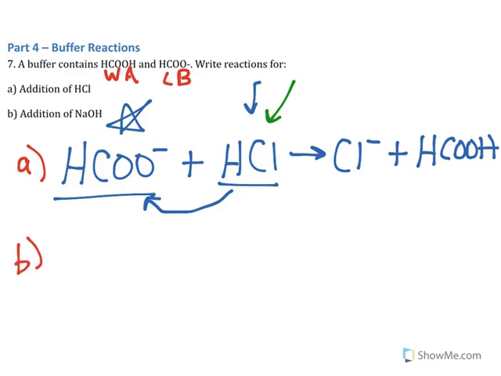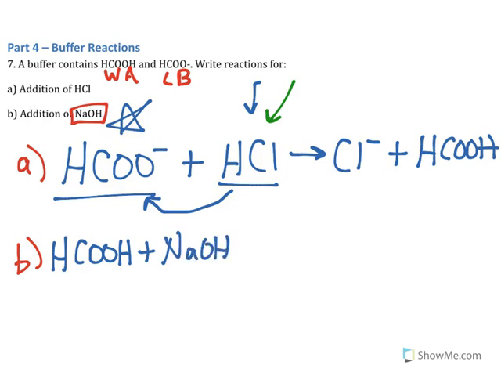For part B, I have the addition of a strong base, so that means I need the acidic component to react with it. HCOOH plus that base NaOH. And again, we know this is a base. It's going to accept an H, meaning it has to come from this acid here.